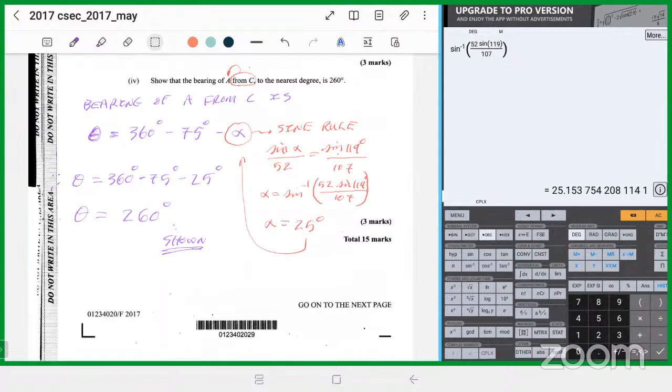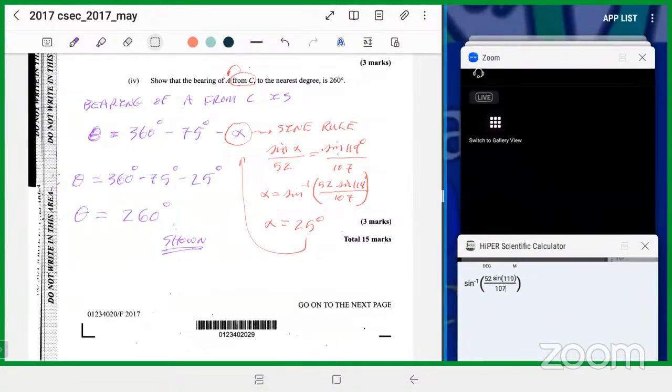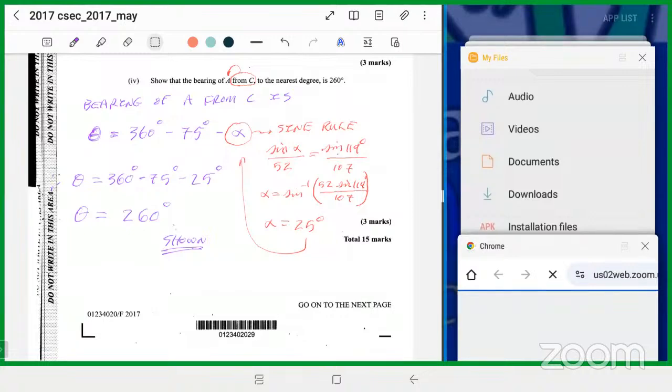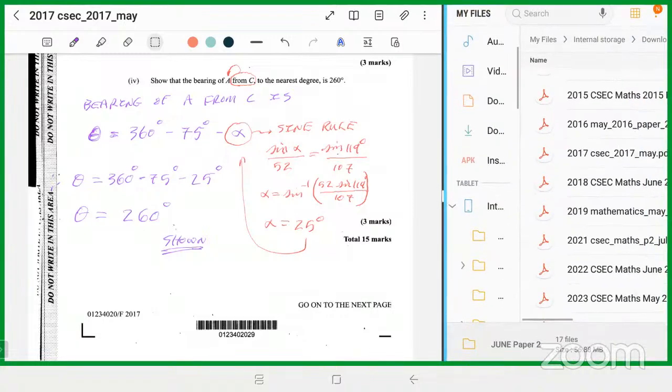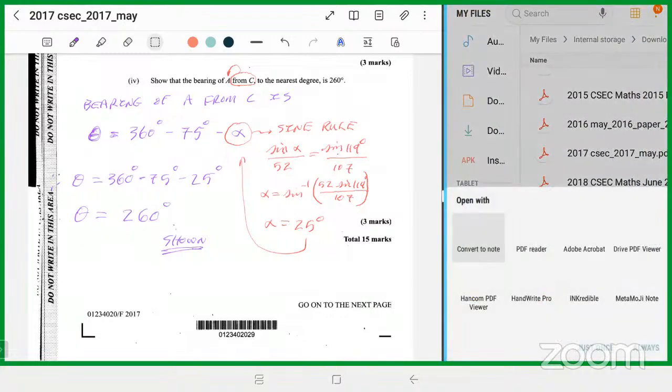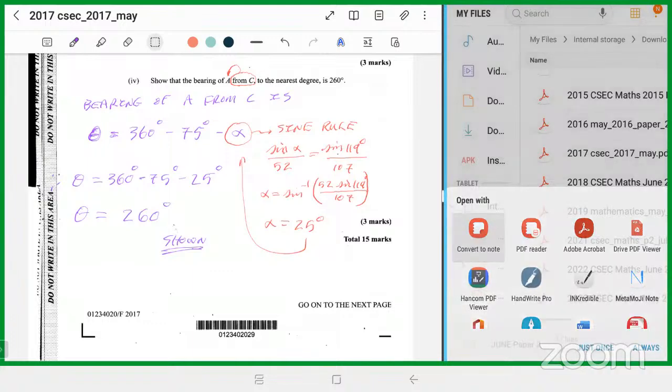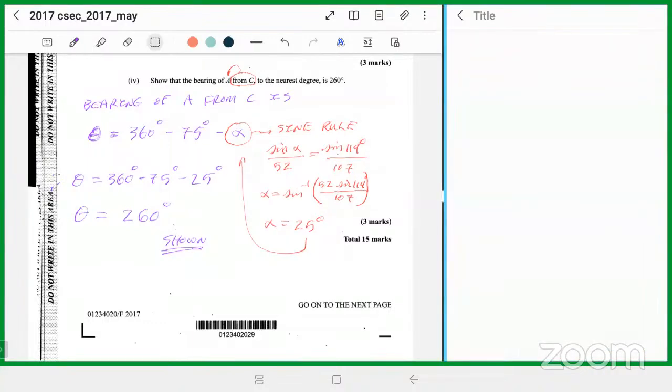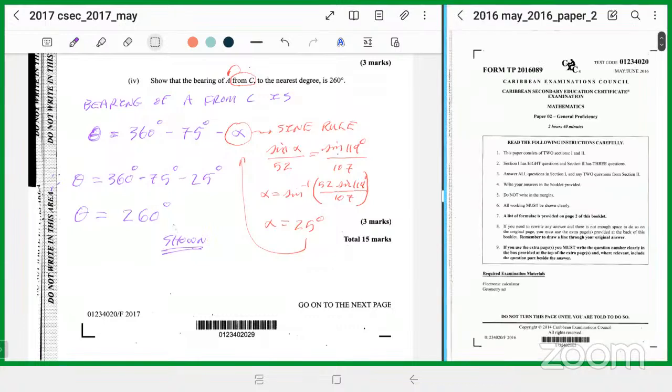All right. The next one was, I think, 2015. I don't think there was a bearings question on 2016. Let's see.